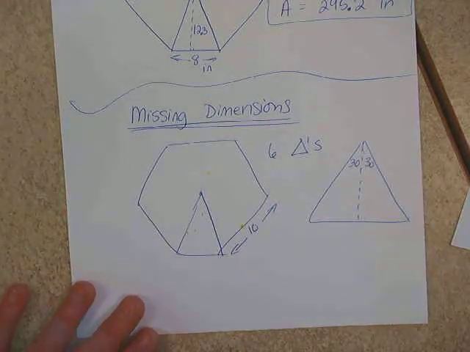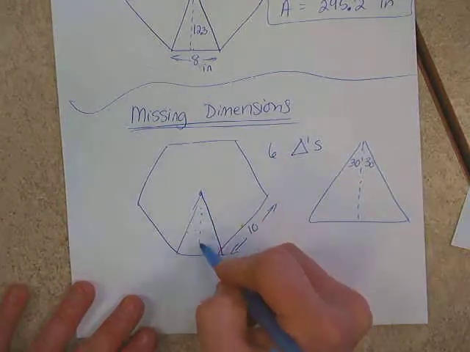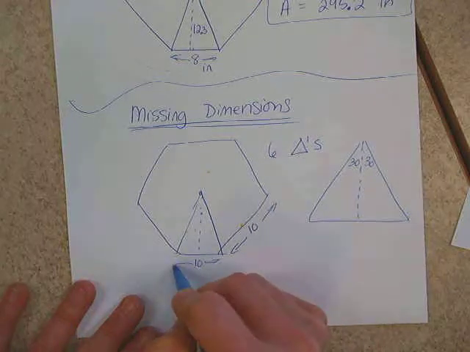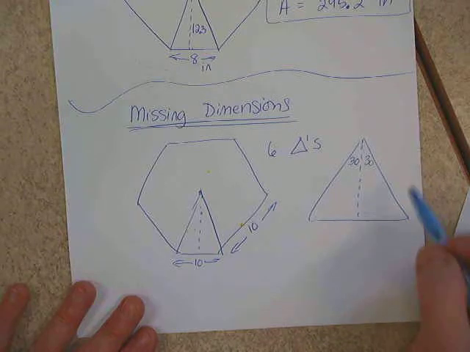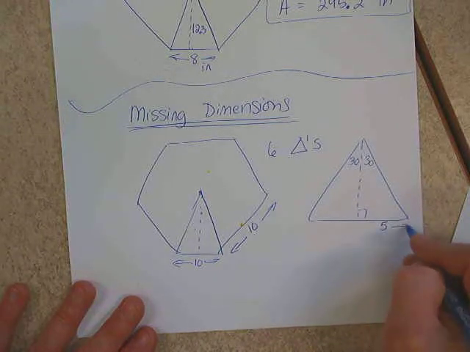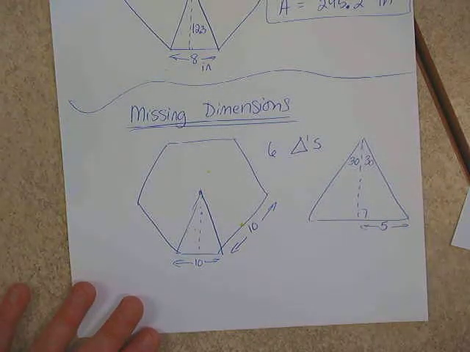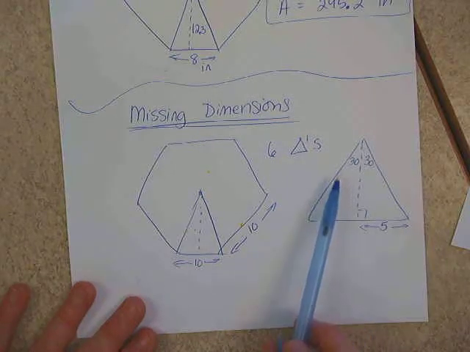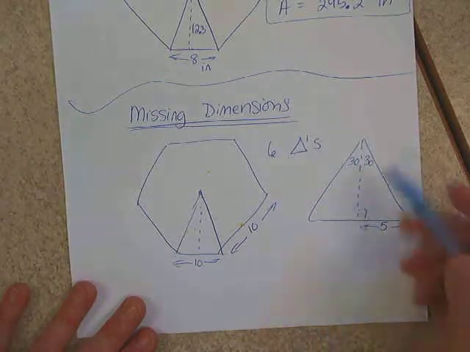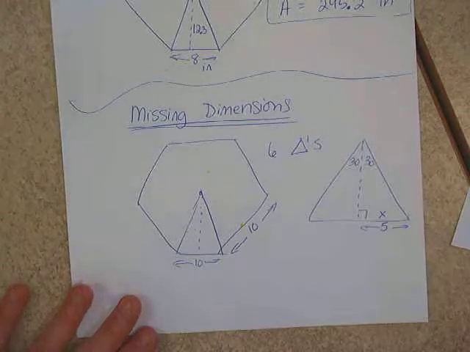Since the central angle is 60 for a hexagon, then each of these, remember, were 30. If my base is 10, then half of the base would be 5, yeah?